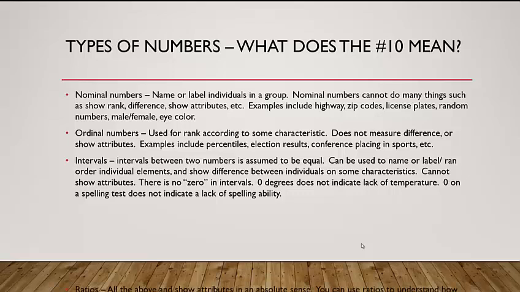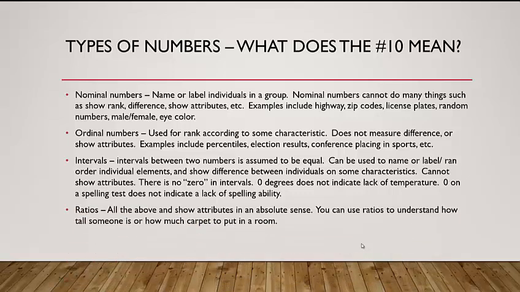And so our last one then is ratios. Ratios incorporate everything, and they do have a sense of showing attributes. You can use ratios to understand how tall someone is or how much carpet you put in a room and so forth. For example, if you measure a room and it's 10 by 12 feet, then you know you need 120 square feet of carpet.